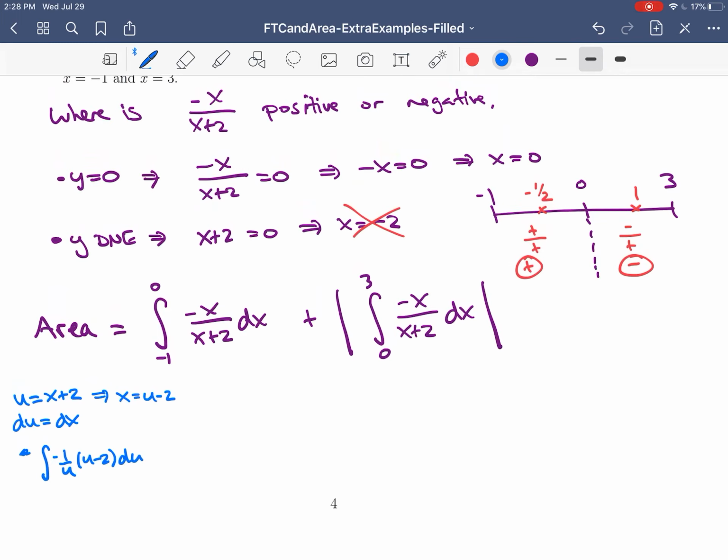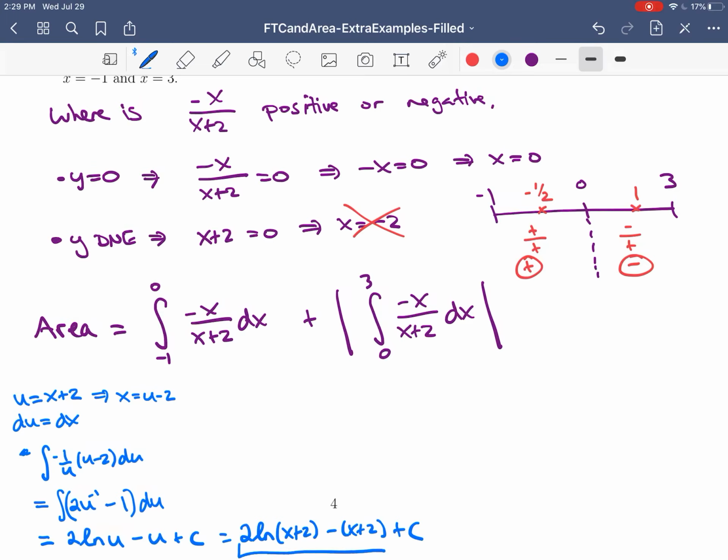If I expand this in, it's going to be 2 u to the minus 1 minus 1, du. That's 2 ln u minus u plus c. Then I can plug in my x's: 2 ln of x plus 2 minus x plus 2 plus c. So this is what I need to use for my function.